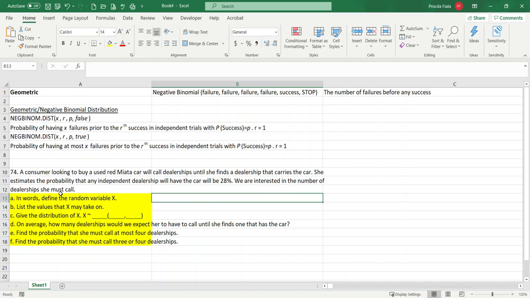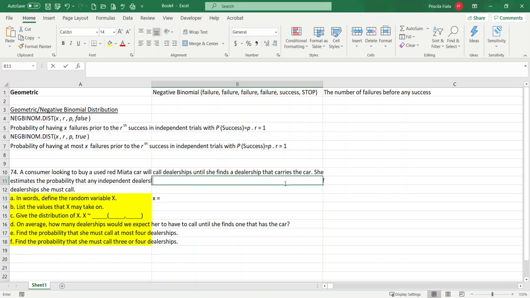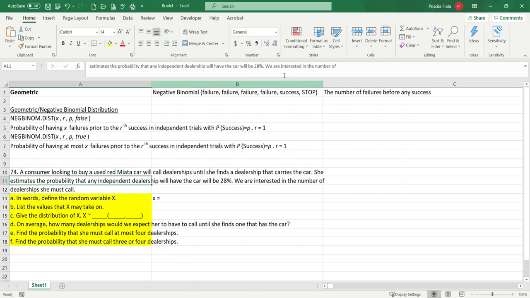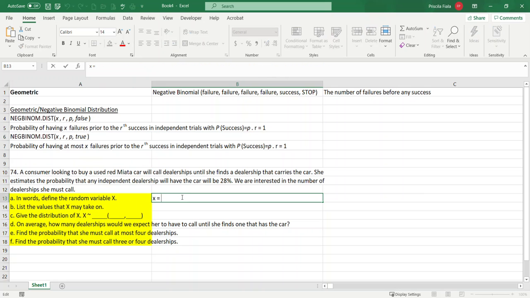We're going to define x, which you're going to need over here. So x is going to be, let's just copy it from here. Oh, interesting. Oh, it's dividing too. So the number of dealerships she must call to find a used red Miata.